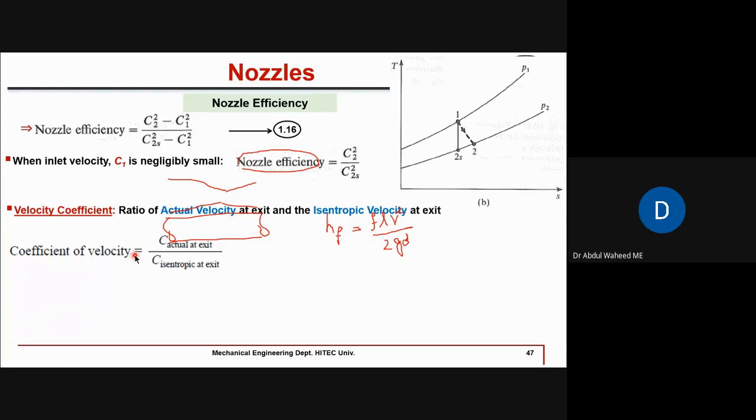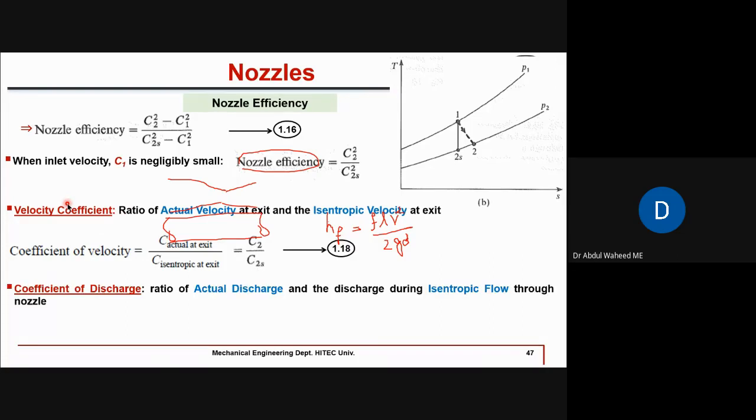So velocity coefficient is given as C actual at exit divided by C isentropic at exit. So it is not C square, so it is the velocity coefficient. So this is another term which can be used to describe the performance of nozzle, and that is called velocity coefficient. Right. So this is represented as C2 over C2s.